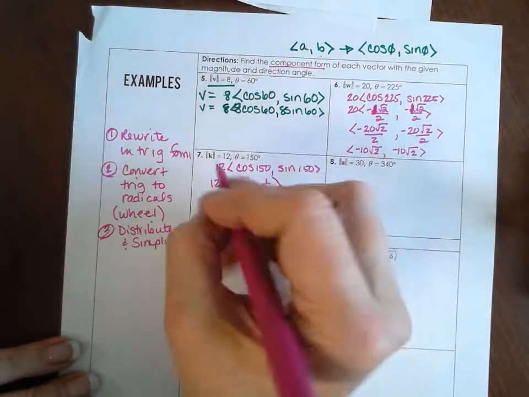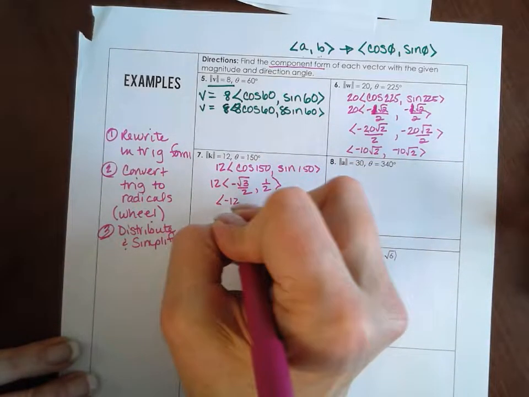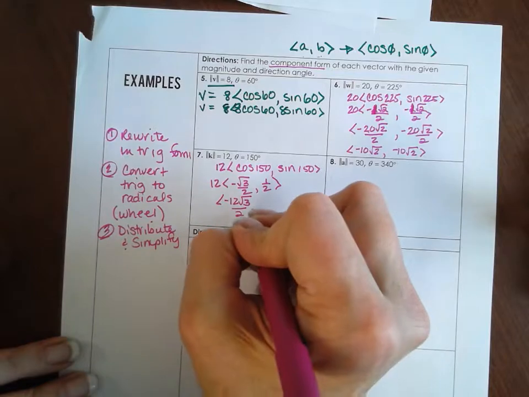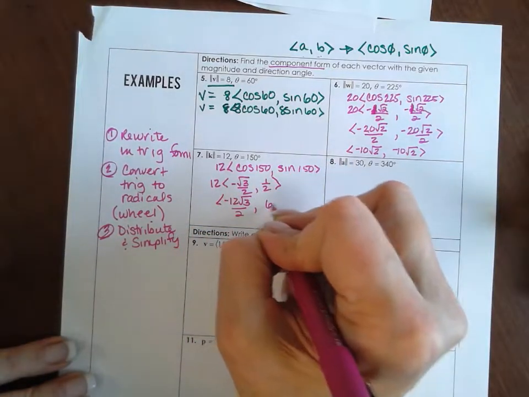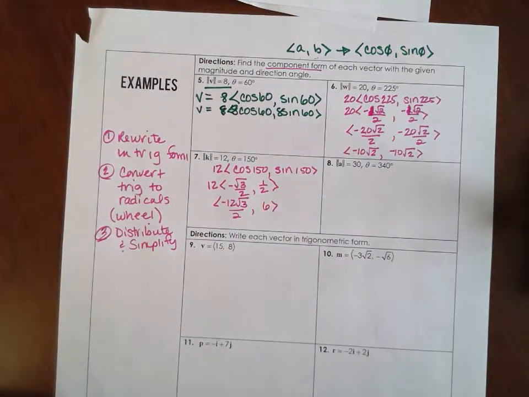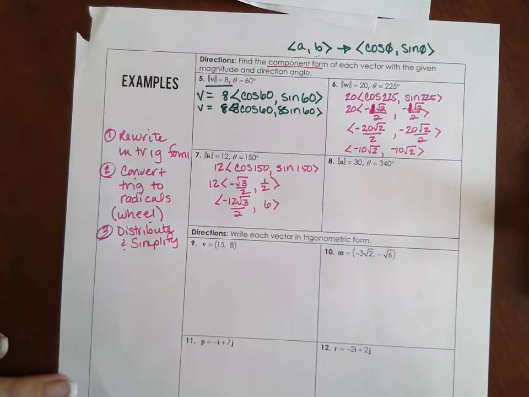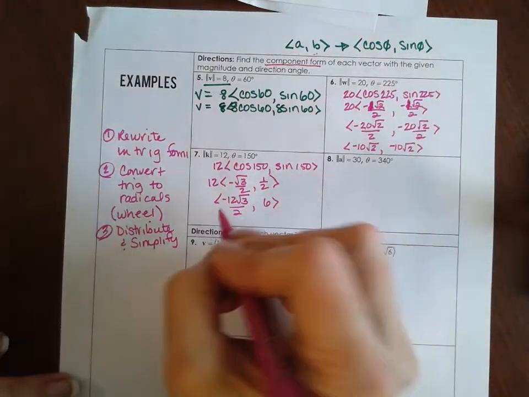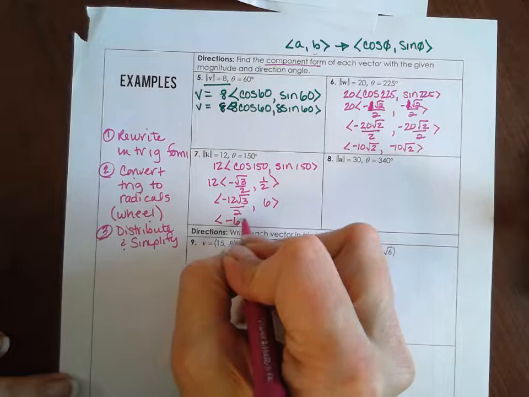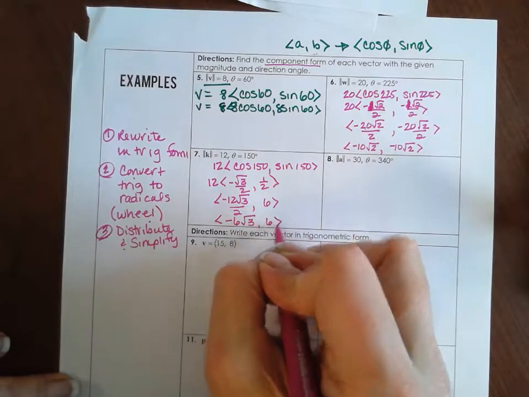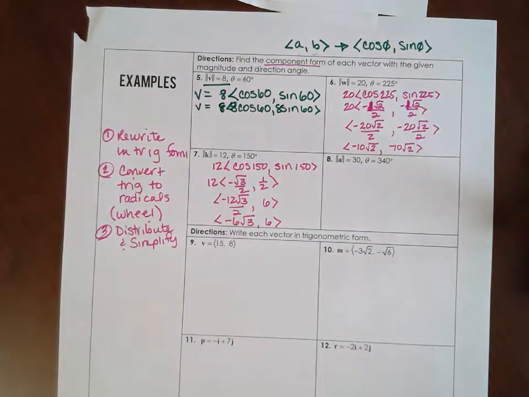So I'm going to get negative 12 square root of 3 over 2 and 6. Eliminate the negative 12 and simplify, yep, to negative 6 square root of 3 and 6.